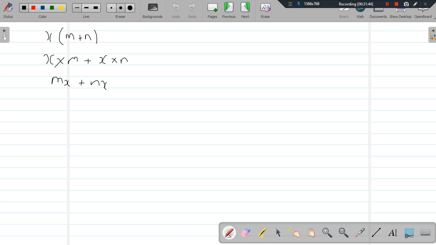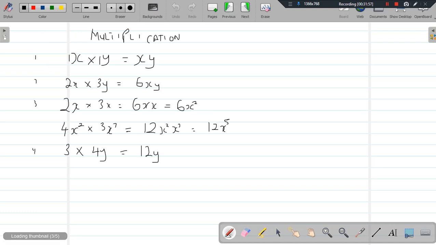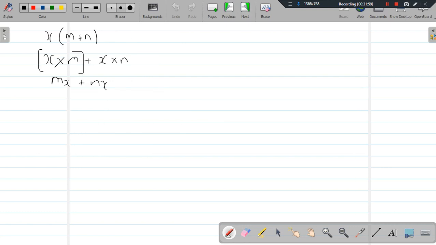Looking at this alone, it has the nature of the first term we had over here, and this one too has that same nature.